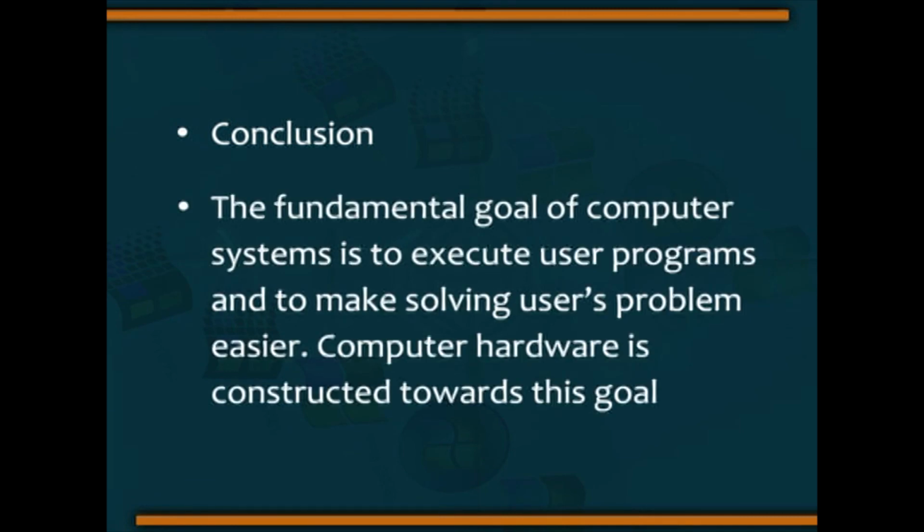To summarize, the fundamental goal of computer systems is to execute user programs and to make solving users' problems easier. Computer hardware is constructed towards this goal. Since bare hardware alone is not particularly easy to use, application programs are developed.